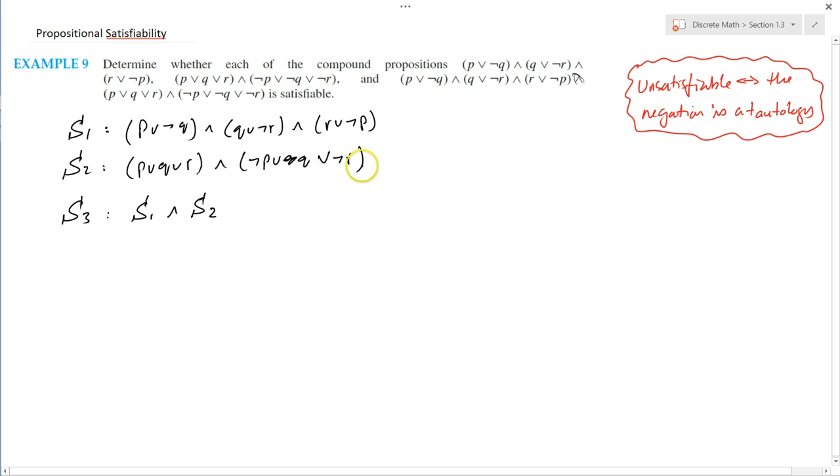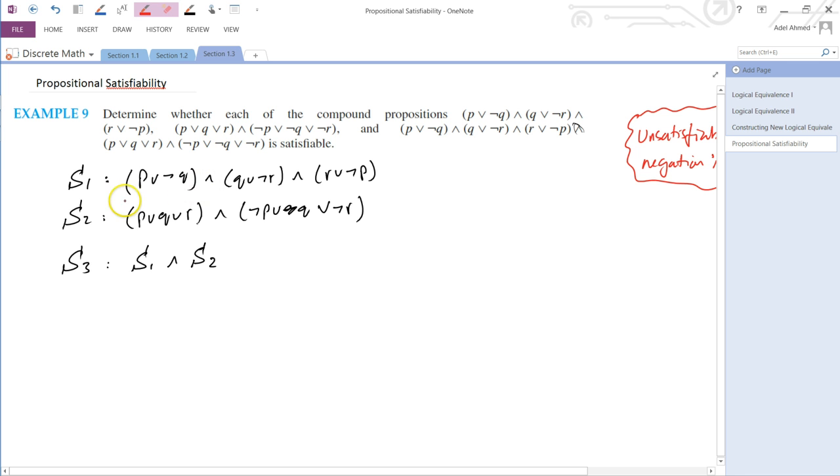So we want to first see whether statement number one is satisfiable or not, and whether statement number two is also satisfiable or not. So let me change my ink to red, and let's look at the first statement. Notice the first statement has this first term, the second term, and the third term, and we've got the and operator, the conjunction, between them.